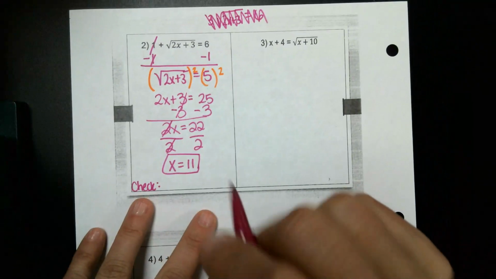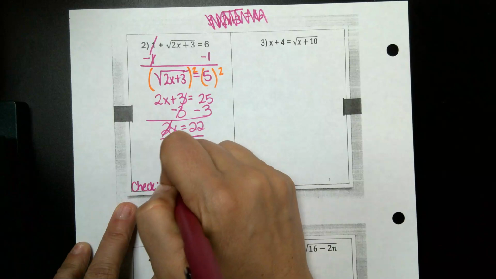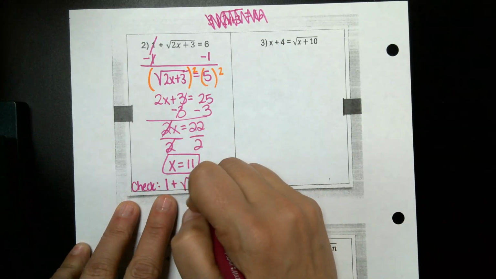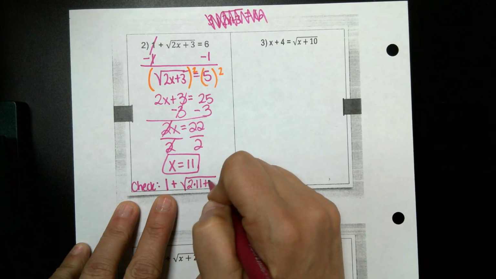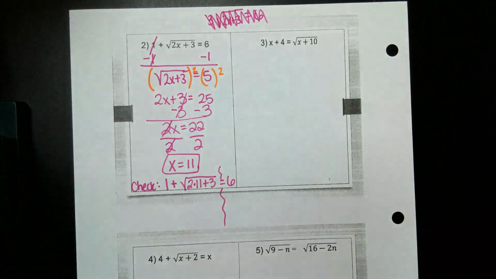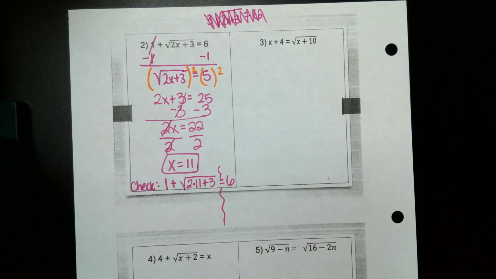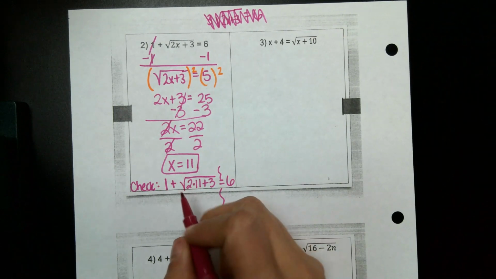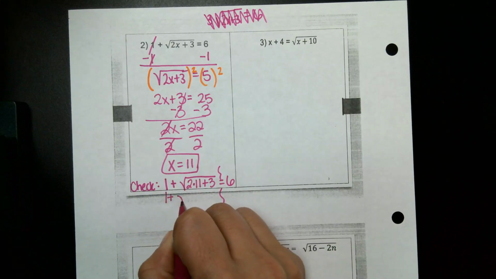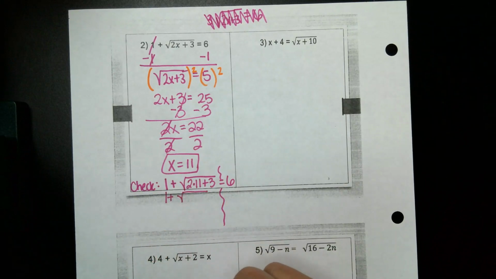If I take my original equation, it was 1 plus, then under the radical it'd be 2 times 11 plus 3. And supposedly we're supposed to get an answer of 6 if we've done this problem right. What is 2 times 11? 22.